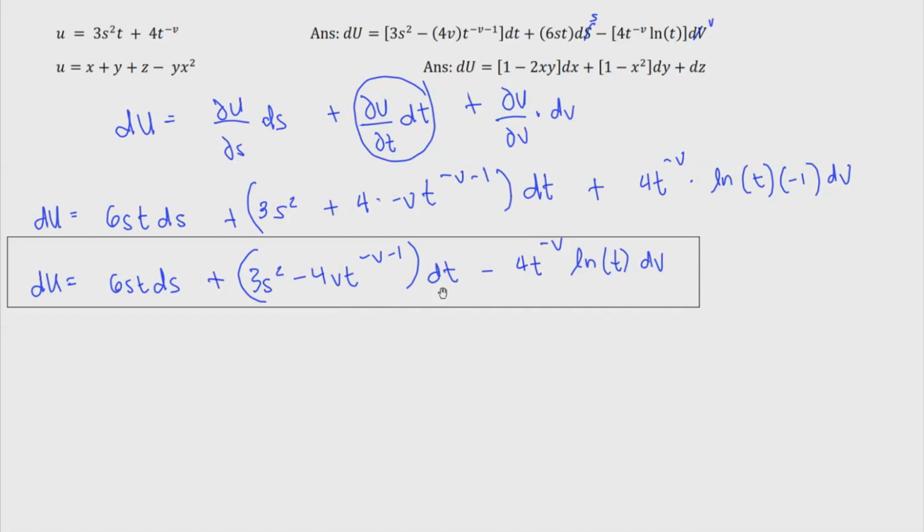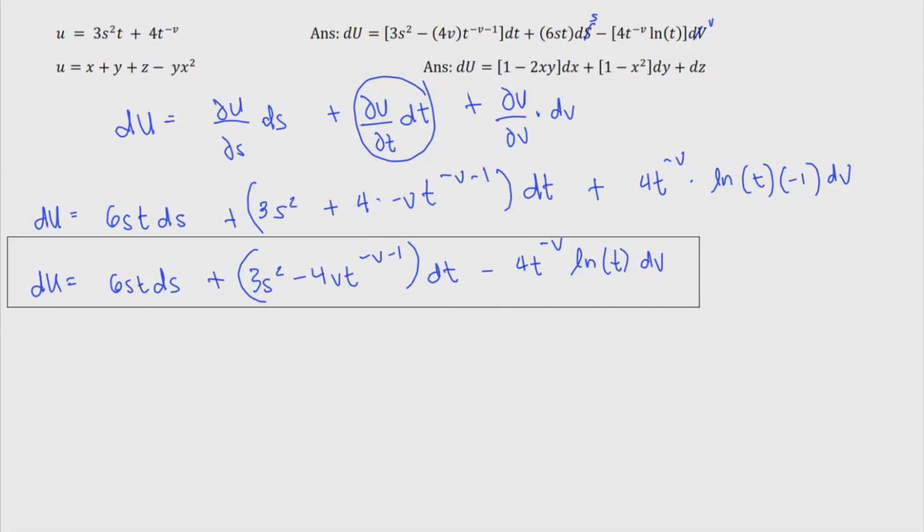Because I remember the last time we did this using our total differential, as discussed on our midterm, we still had to modify or regroup the expression so that all the expressions with their corresponding differentiating variables are written on it. So in this case, 3s squared minus 4vt raised to negative v minus 1 is already multiplied to dt, instead of having it regrouped from the solution using our midterm. So that's it for this example.